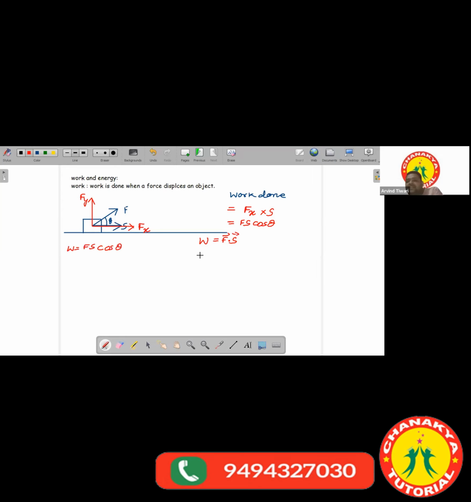And the second thing I have written is that work done will be given by the dot product of two vectors, where, as we know, force and displacement, both of them are vector quantities, right? Force is a vector quantity and displacement is also a vector quantity. So to multiply two vectors, we do not have the same logic as we have been doing till now.